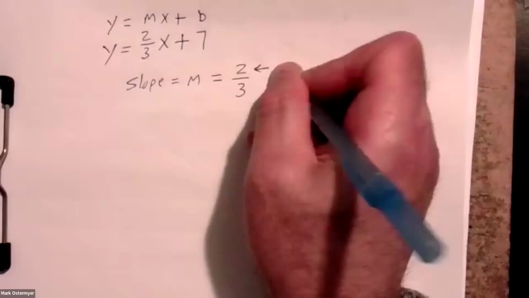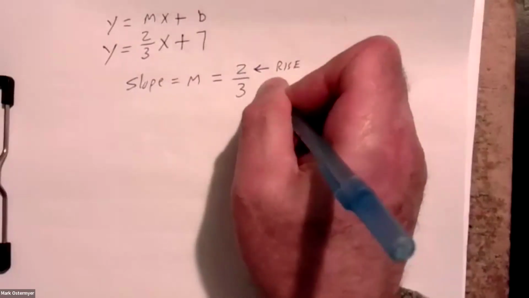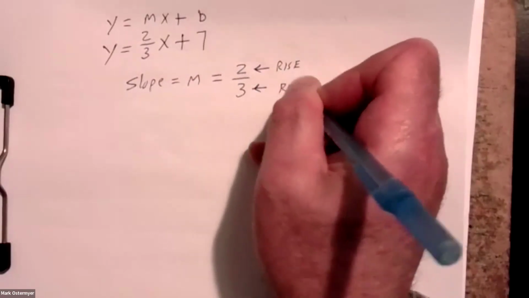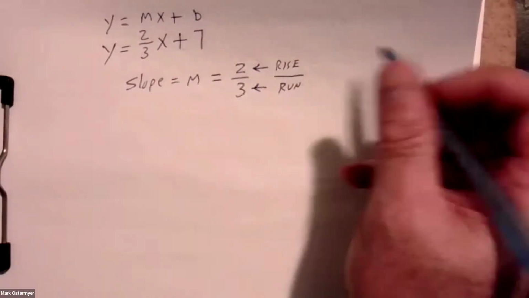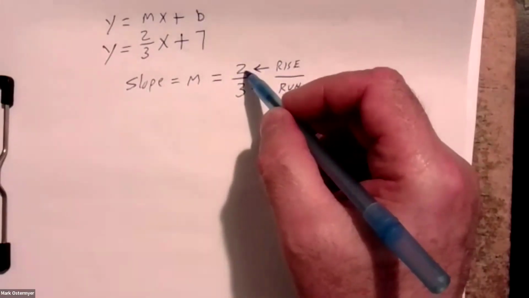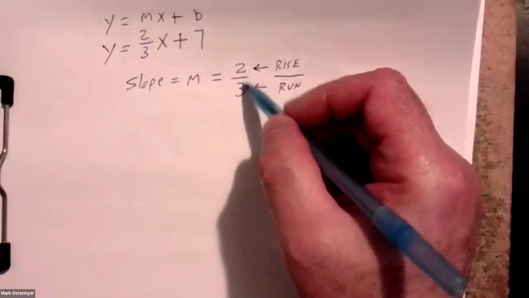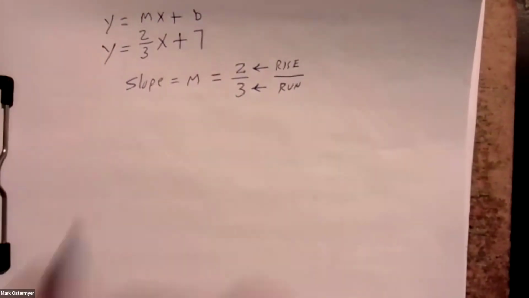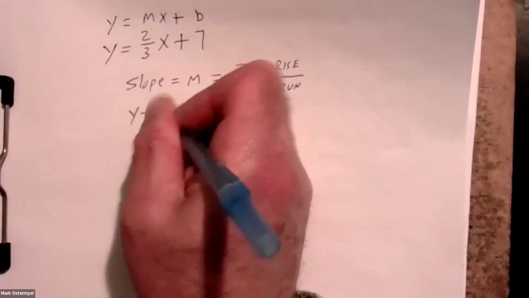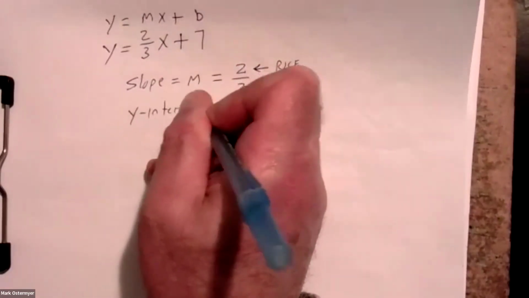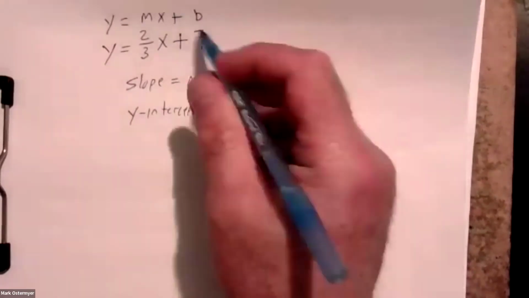So we have a rise of 2 and a run of 3 as we navigate from one point on this line to some other point. That's the ratio of the change of our vertical position versus our horizontal position. What's 7? The 7 is called the y-intercept.